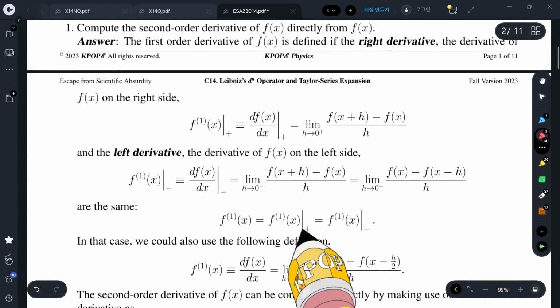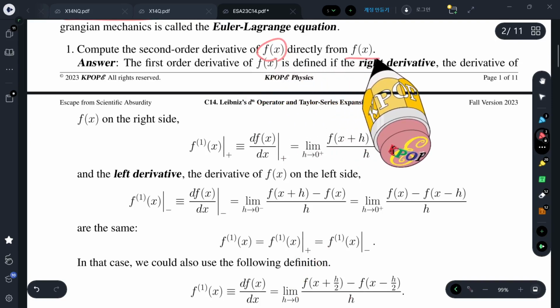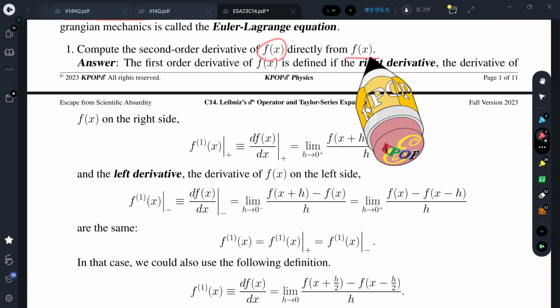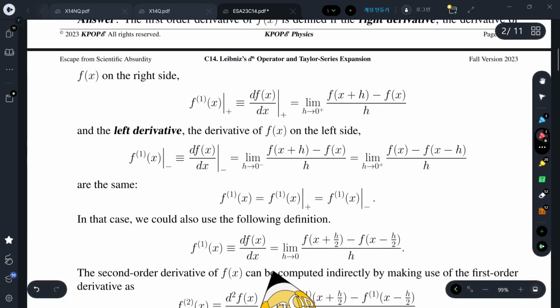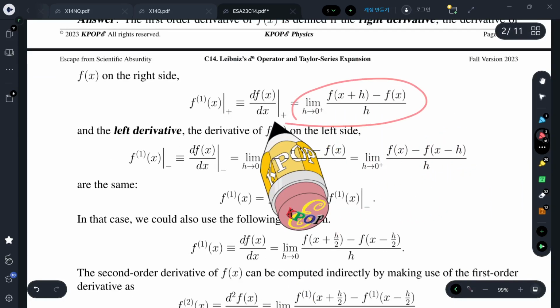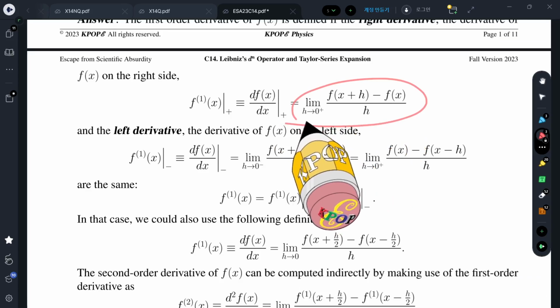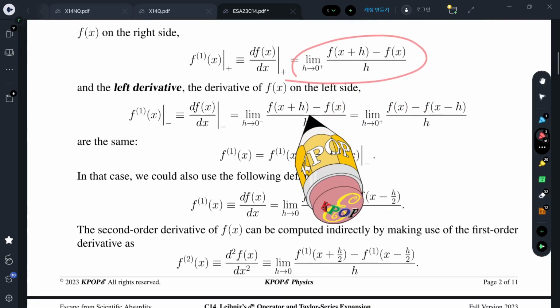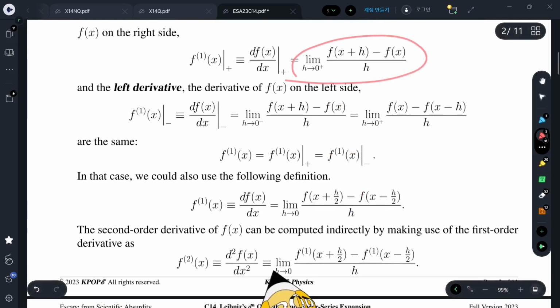Compute the second order derivative of f(x) directly from f(x). You usually know how to take the derivative. This is from high school, but from then on, even though you compute second order or high order derivatives many times, you have perhaps never seen the direct computation of the high order derivative from the definition.